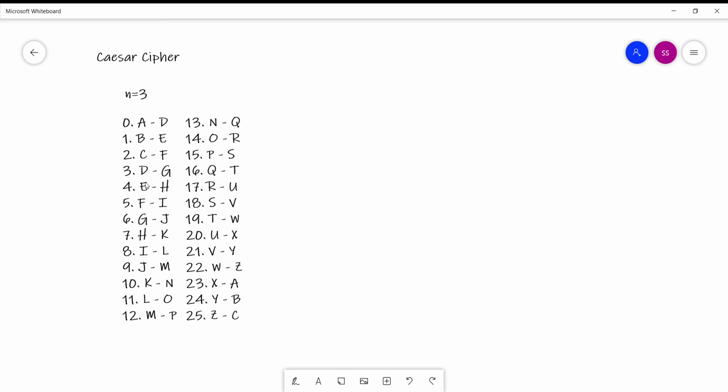So let's see an example of how to encrypt a plain text and how to decrypt a ciphertext. Let me take a word here, or maybe a sentence. Let's say, this month is September.